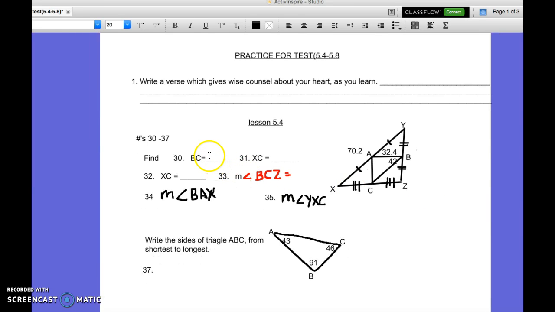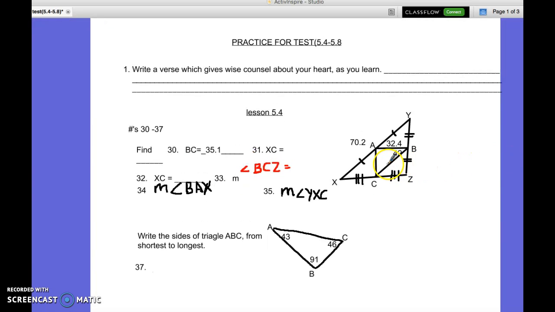You divide it, you get 35.1. And also I said it's parallel to it. So you could actually put an arrow here and an arrow here, indicating that BC and YX are parallel to each other. We'll come back to that.